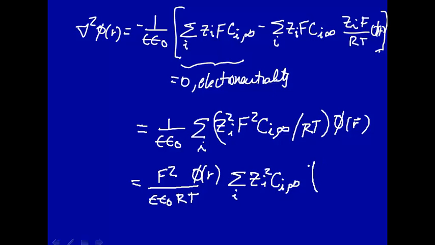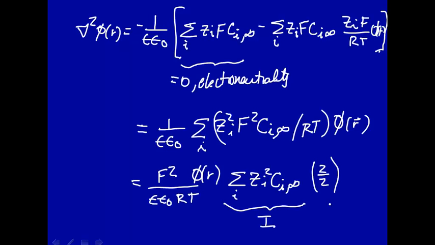In fact, let's multiply this by 2 over 2. If we take that 1/2 and put it here, this will just be the ionic strength I. So let's replace that. Now we have the linearized Poisson-Boltzmann equation as, let's take that 2 and put it here, and we'll take the 1/2 and use it there.